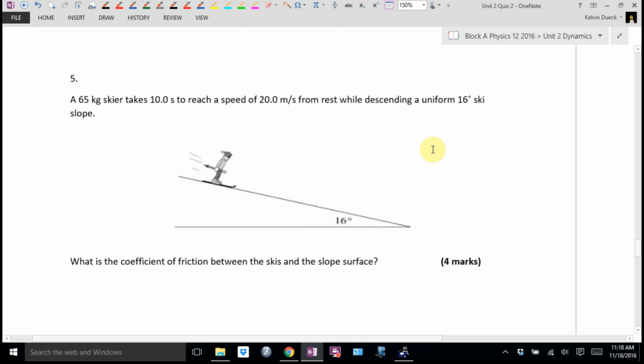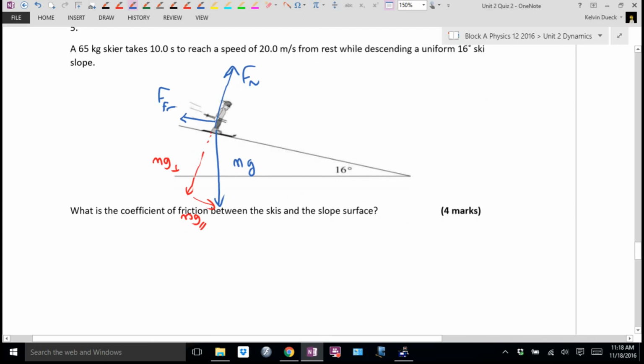Number 5 is asking me to find mu. Okay. mg perpendicular and mg parallel. Normal force, and I think friction is going up the hill. Who's winning? Well, I think for skiers, the parallel component of gravity down the hill is winning.